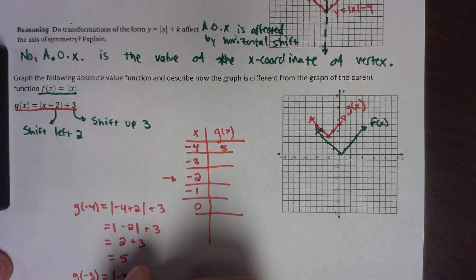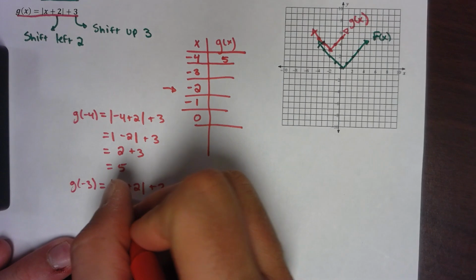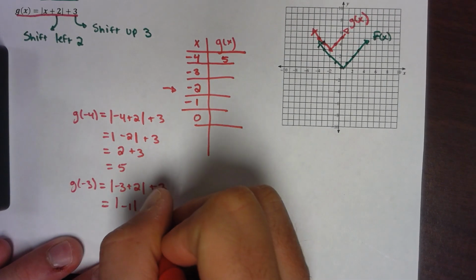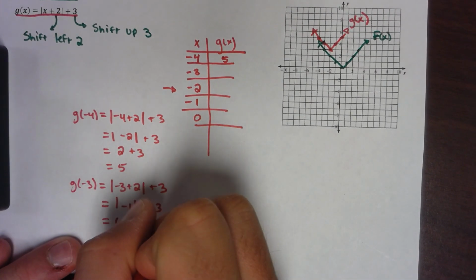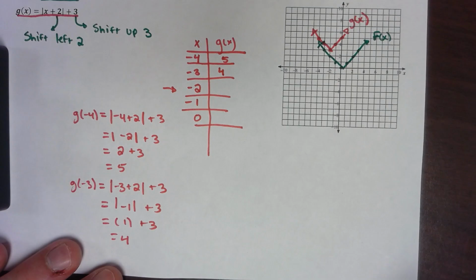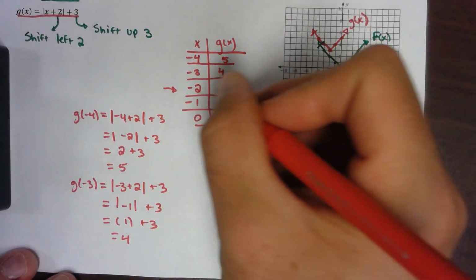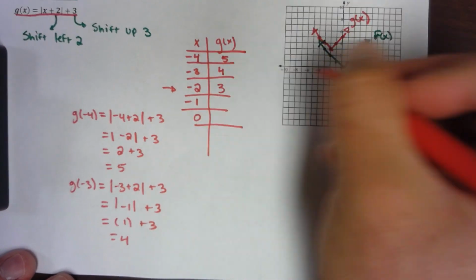Maybe I'll see a pattern here where I don't need to plug in every single one. So by plugging in -3, got to do inside the brackets first. Absolute value of -1 is 1. 1 plus 3 is 4. Okay, so far it looks like it's decreasing by 1. You know what, let's just do -2, that's going to be 3.